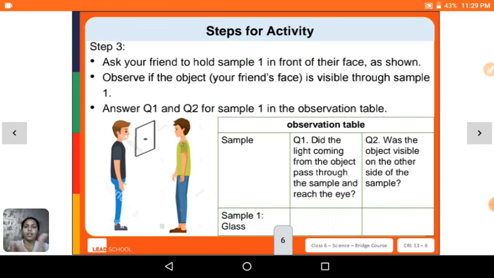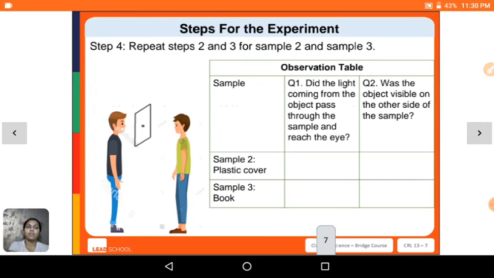You stand on one side and have your mother or any family member stand on the other side. Then you can see your family members through the glass, whoever is standing in front. Otherwise, if you don't have any family members, just look around the room. You can see everything in the room through that glass. So write that answer in the notebook.